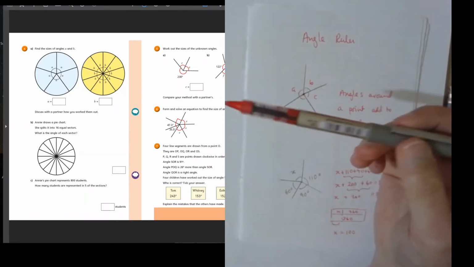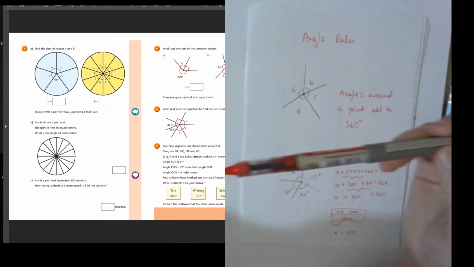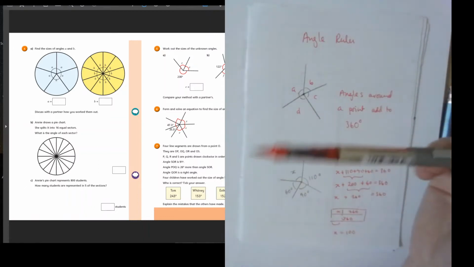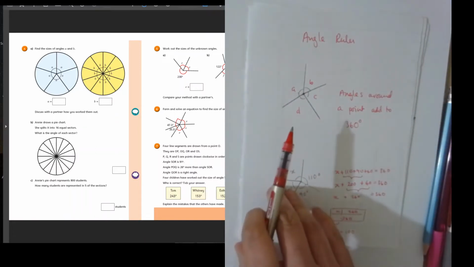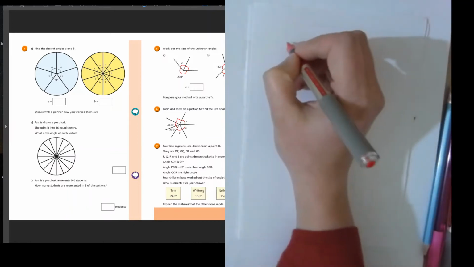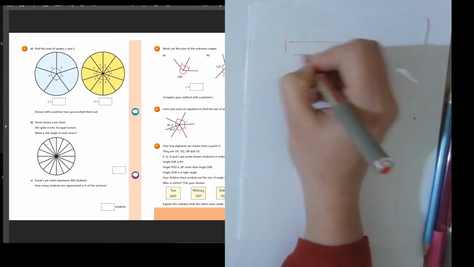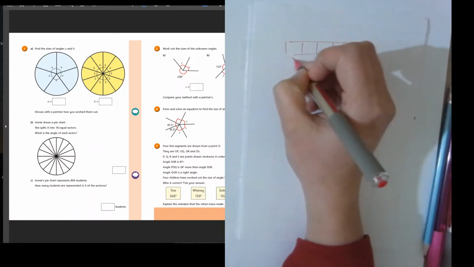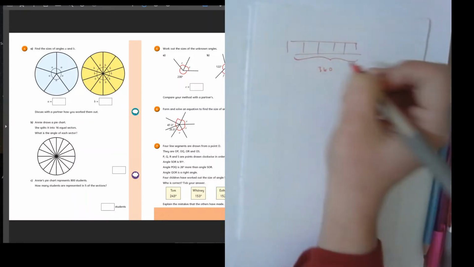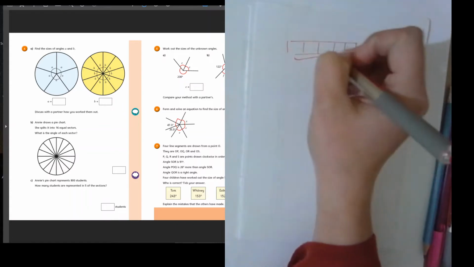So if I look at, say, question number 4, just across there, it's asking you what angle size A and B is. This kind of question would need to be a thinking question. You would say, altogether I've got 360, and there are 5 parts altogether. So if it's 360 with 5 parts, then how much is each part?